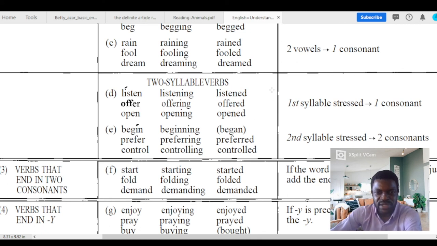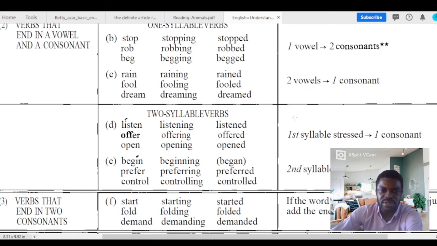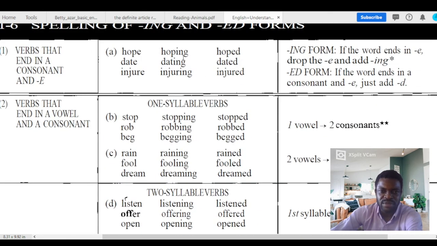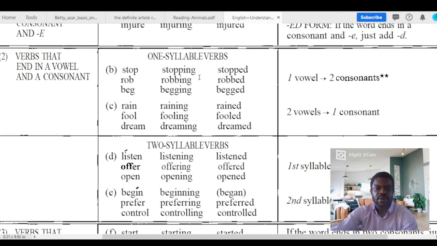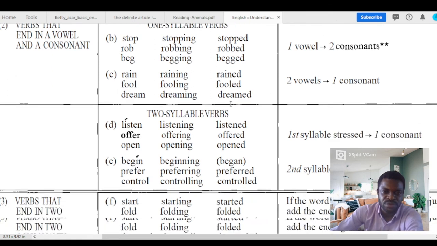I'm just telling you all this, but I know your grade, you don't really need to worry about this much. What is important is the one that I've told you here. These ones are for your grade level. When you go higher and higher, this will be explained better to you.